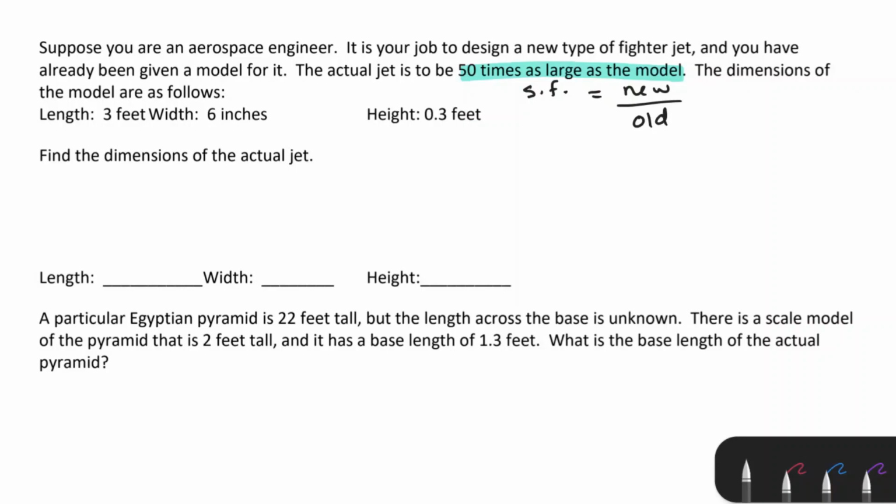When I say scale factor is 50 times larger, I'm saying to go from the old to the new, I should be multiplying by 50. For us, that means that the old is the model and the new is the actual plane. Right? Because I need to go from old to new using that scale factor.